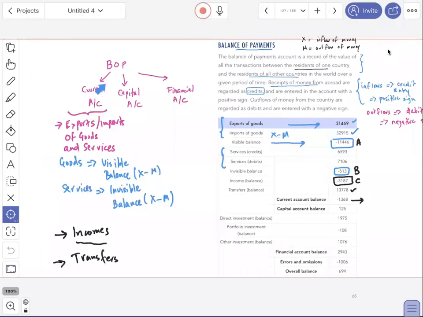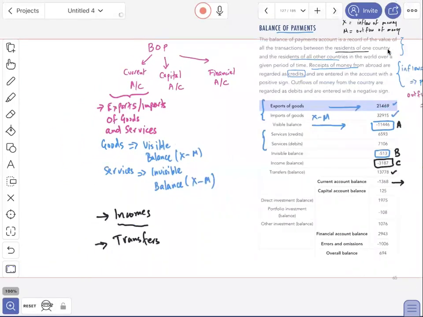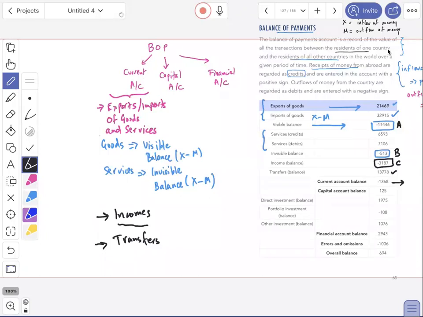Now, the current account is the most important account in your balance of payments because it records all the exports and imports of goods and all the exports and imports of services, the visible plus your invisible balance. This is sometimes called balance of trade.